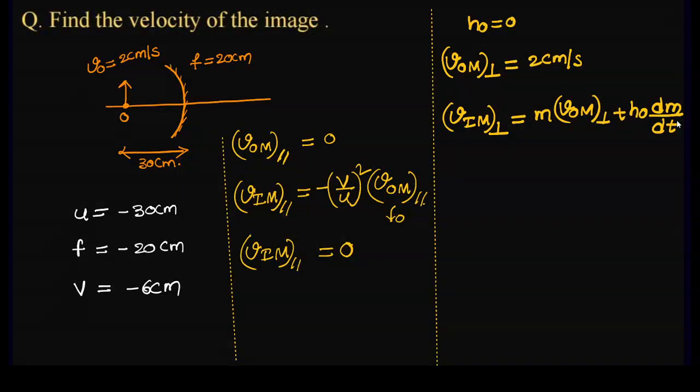The h naught value is 0. So from this we'll get the velocity of image with respect to mirror in perpendicular equal to m. M is equal to minus v by u. How much is this value? The V value is minus 16?